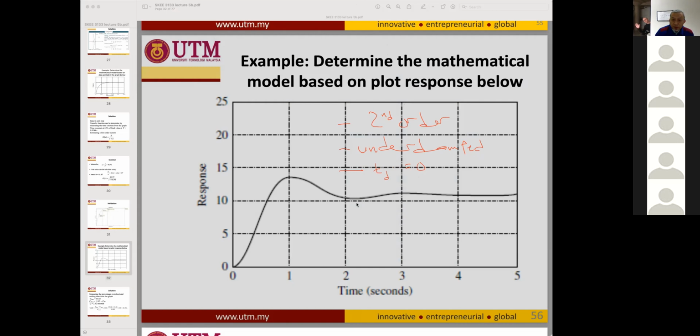You have to find the overshoot, which will give you zeta.